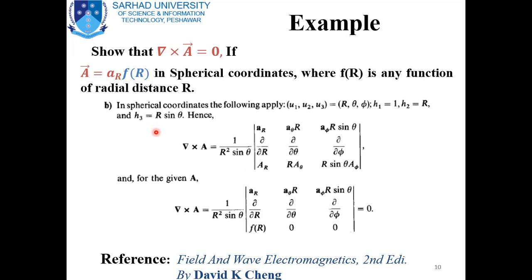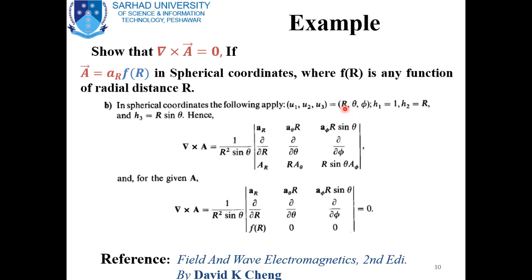And we know that in the spherical coordinates we have h1 is equal to 1, h2 is equal to r, and h3 is equal to r sine theta, which are the metric coefficients, and the generalized coordinates u1, u2 and u3 will be replaced by r, theta, phi.